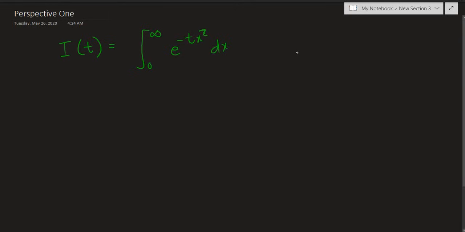So let's perform some u substitution. Let u equal square root of t times x, so that when you square u, you have just this power of e. So du is naturally square root of t dx. The upper and lower bounds remain the same because of this linear substitution.